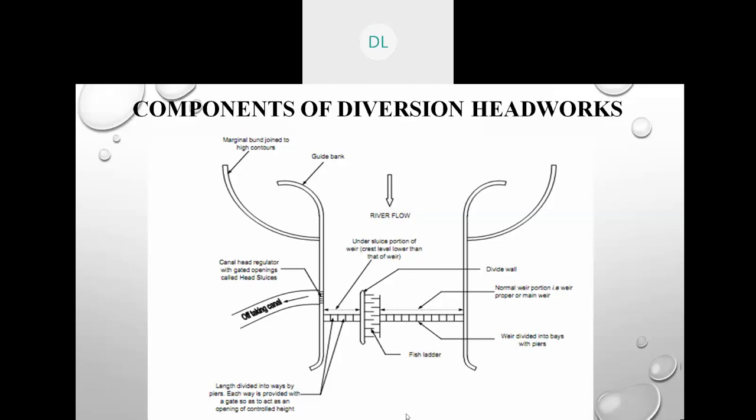So the basic thing about the selection of site: this river is 200 kilometer long, and we need water for irrigation in this area, which is say at least 40 kilometer long. Then this weir could be here, or 2 kilometer upstream, or 2 kilometer downstream.